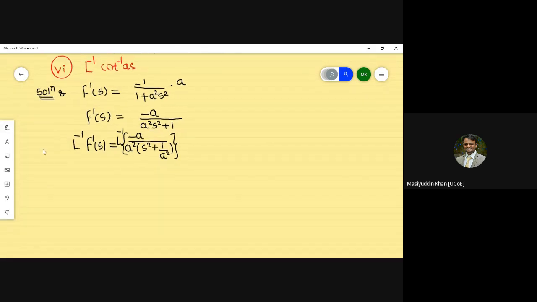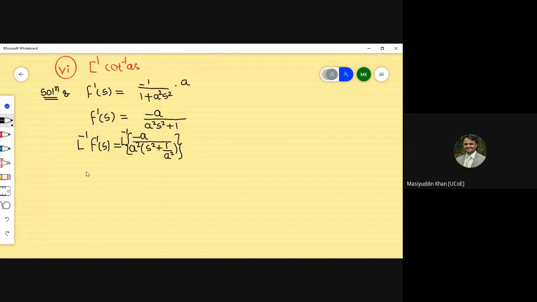Now you can just see to it that the Laplace inverse of f dash of s is equal to this part, and this square gets cancelled, and in this part we can write 1 by a.